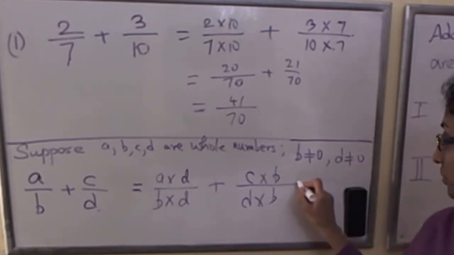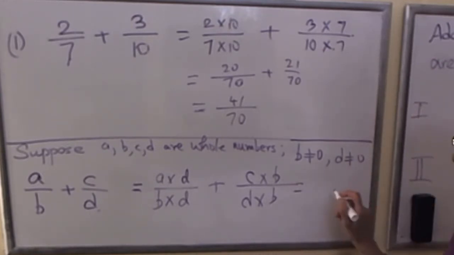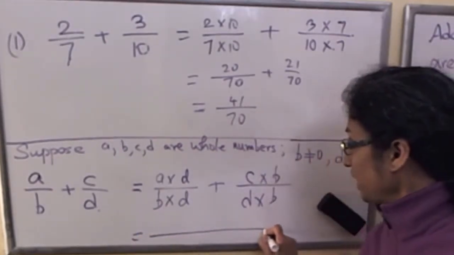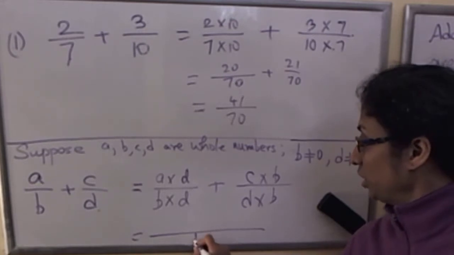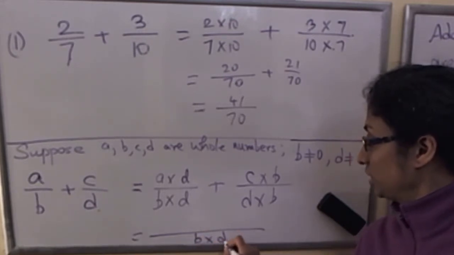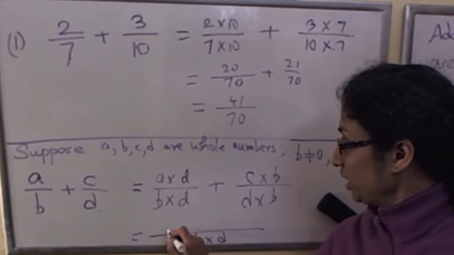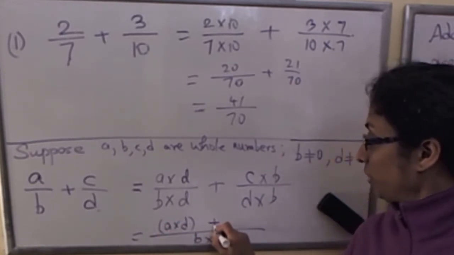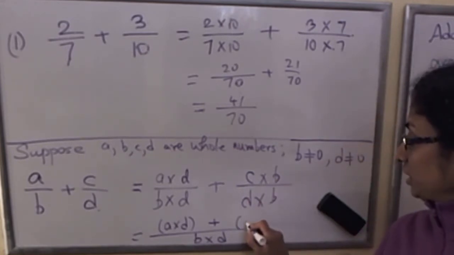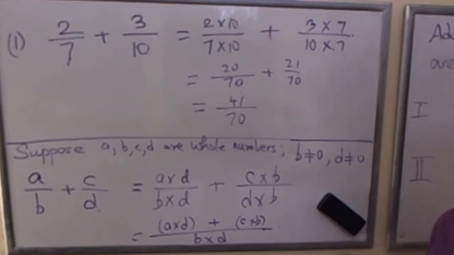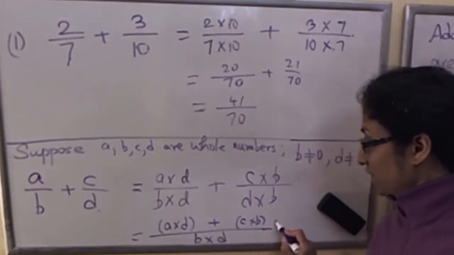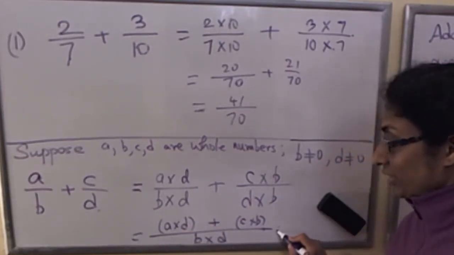That gives you, let me write it here, the same denominator. So I'll write the denominator as B times D. What's in the numerator? A times D. I'll put a parenthesis to keep it clean, plus this number, which is C times B. So it's easiest if we can remember A over B plus C over D is this particular expression.